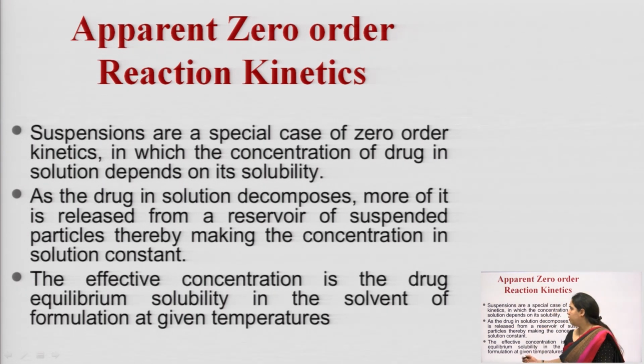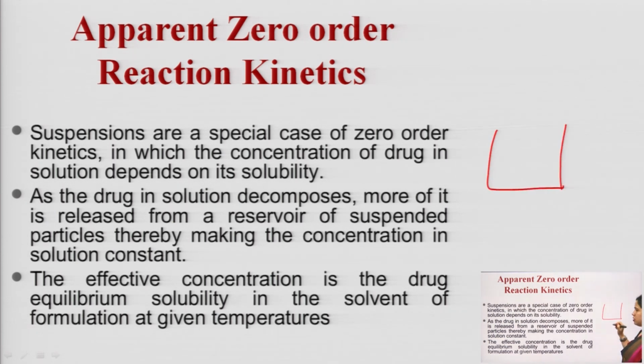So, basically when we talk about suspension, we are saying that suspension is a system which consists of two immiscible phases, one is solid and the other one is liquid, and we form a system using some sort of suspending agents. So, basically the drug is not miscible with the solvent.